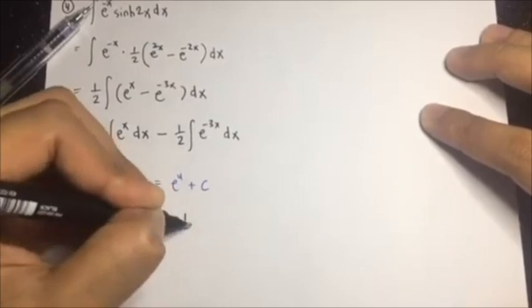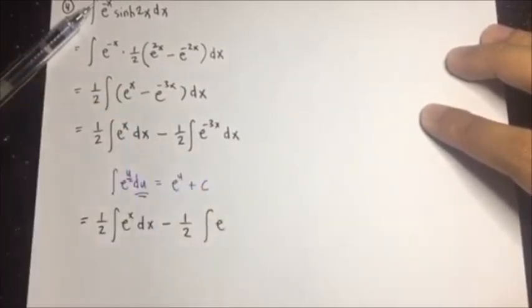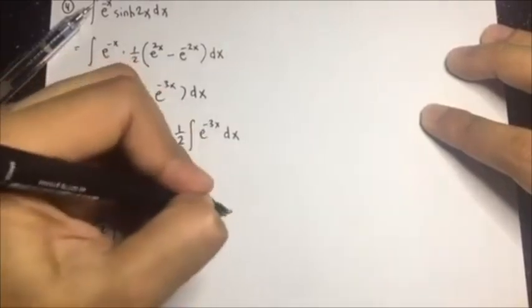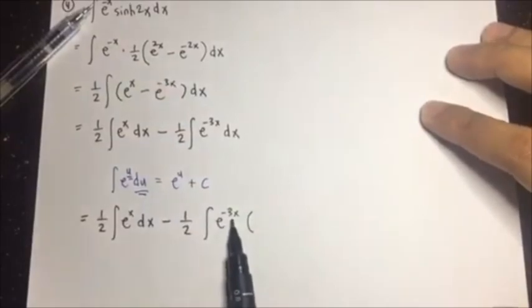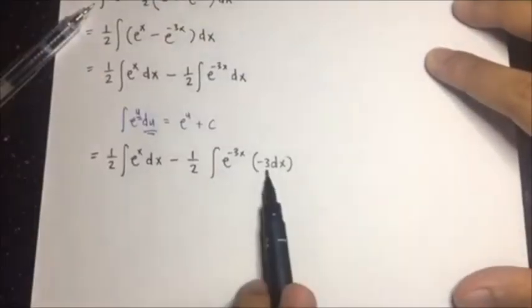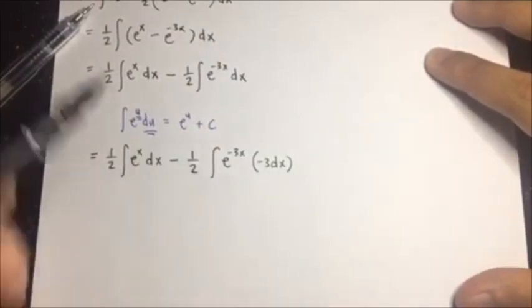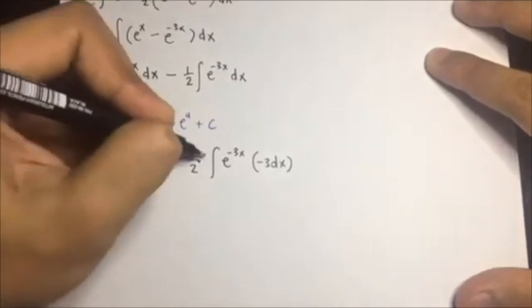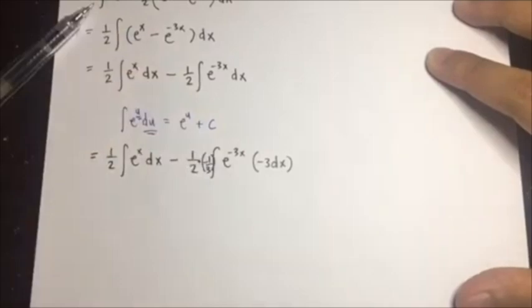However, for the second term, 1/2 integral of e to the negative 3x, the complete differential of the exponent should be negative 3 dx. Since we added a negative 3 as the coefficient of dx, outside the integral sign we will multiply its reciprocal, so times negative 1/3.